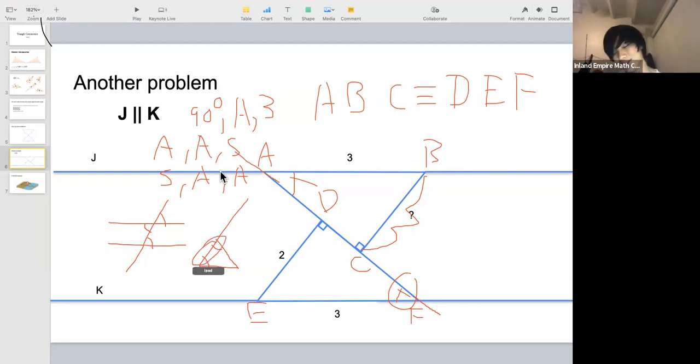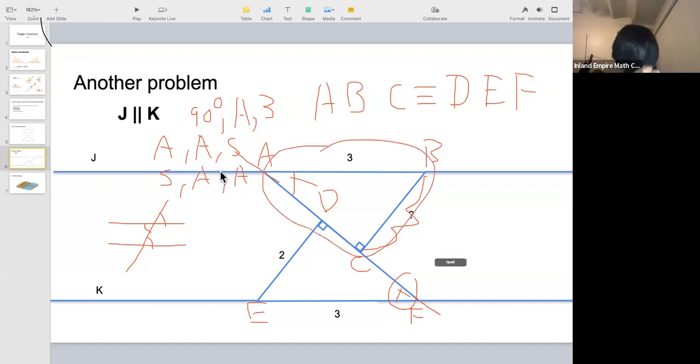Otherwise, it doesn't create a triangle. There's only one possible length, which means there's only one possible triangle, so SAA congruence does exist. Which means that these two triangles, ABC and EDF, are congruent.